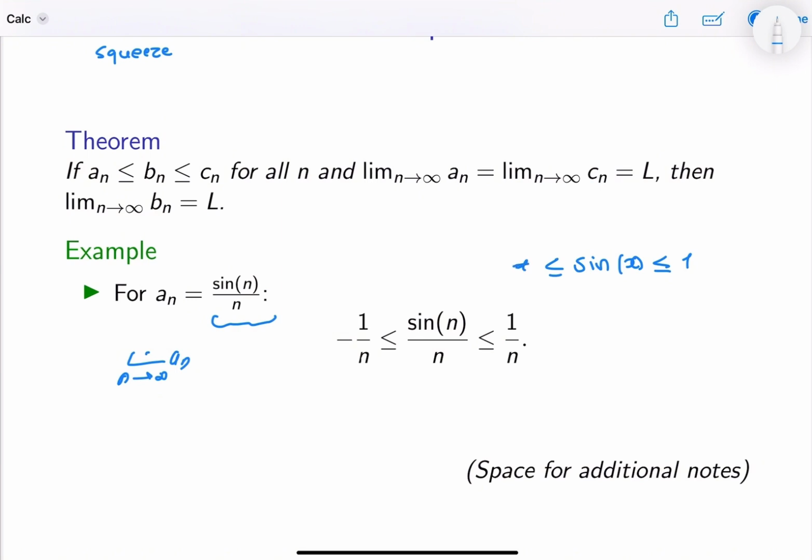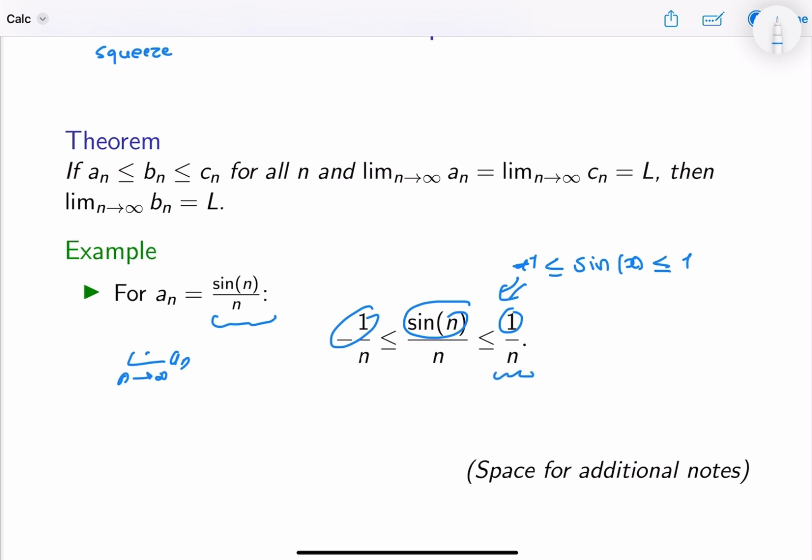If you're taking the sine of a real number, you have this inequality, right? So this immediately gives you this inequality, because you can bound this by 1 and you can bound it below by -1. Okay, so now you've bounded the sequence between two things, but let's see.